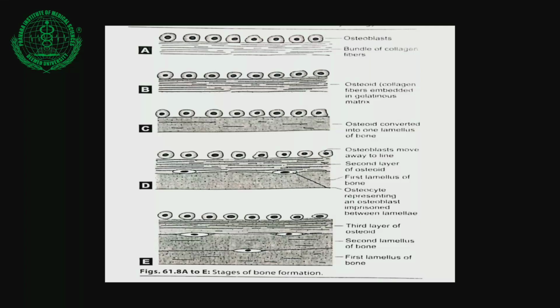One such important product is hydroxyproline. Therefore, hydroxyprolinuria is an index of bone resorption. So these are the two phases. Thus the balance is maintained between the bone formation and bone resorption.